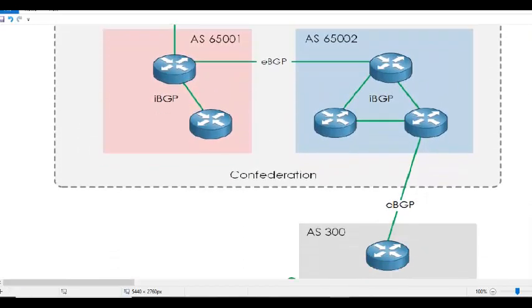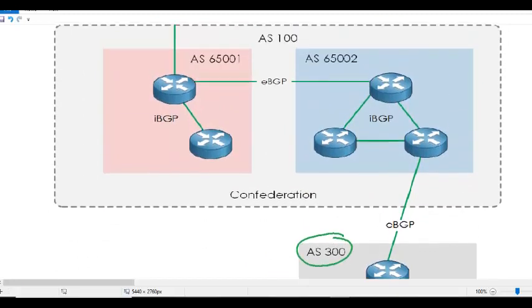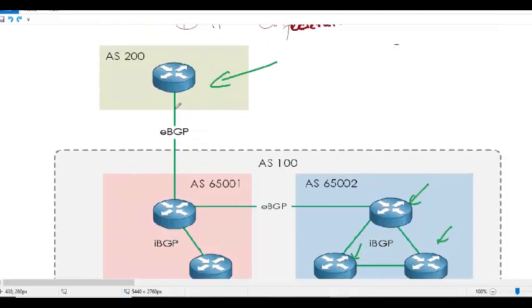Autonomous system 300 routes go only up to here. They are not given to this router. So they don't go to this 200. So 200 cannot ping 300 now. So we need a solution.